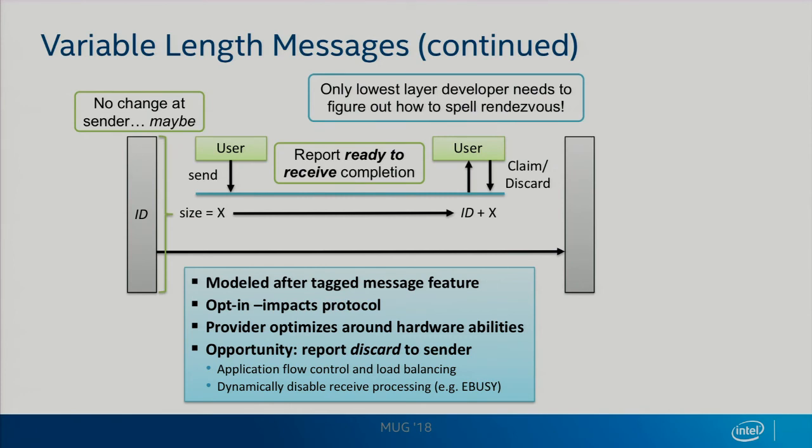This is opt-in, and this further takes the protocol down into the libfabric layer. So certain providers may be able to absorb a lot of these exchanges with just network level acknowledgements and not have any software at all.